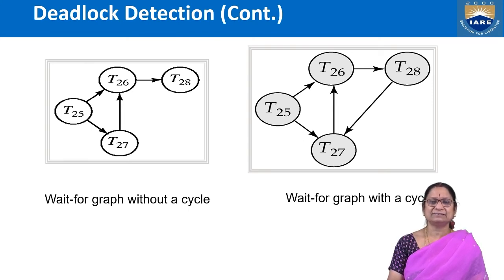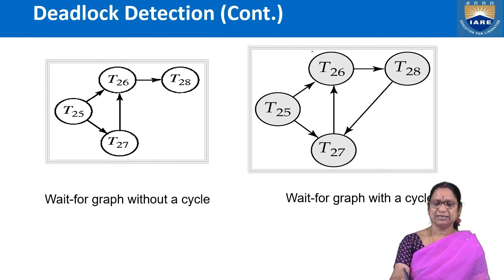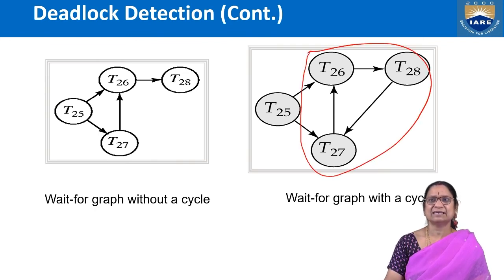But coming to the second case, if you observe, T25 is waiting for T26 and T26 is waiting for T28. Again, T28 is waiting for T27 and T27 is waiting for T26. You observe these three, that is the T26, T28 part. This forms a cycle.